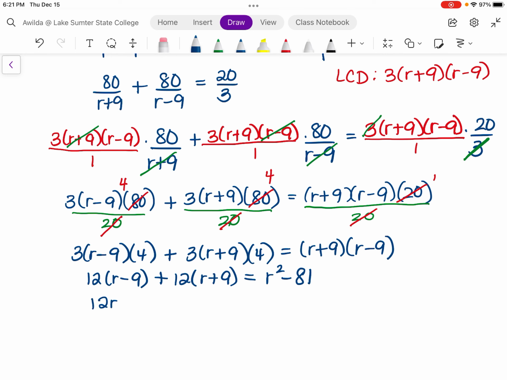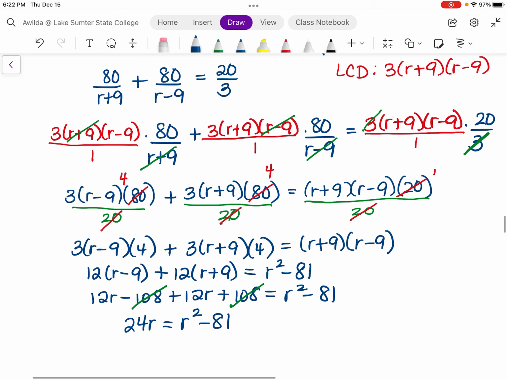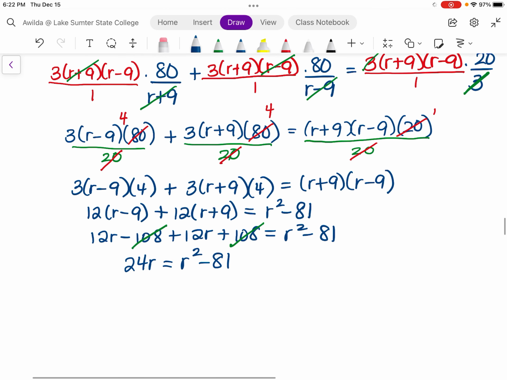We have 12r minus 108 plus 12r plus 108 is equal to r squared minus 81. There are a couple of things that will add up to 0. We have here a negative 108 and a positive 108. So on the left, we actually have 24r as the only term, and on the right, we'll have r squared minus 81. It's looking better and better with each step.